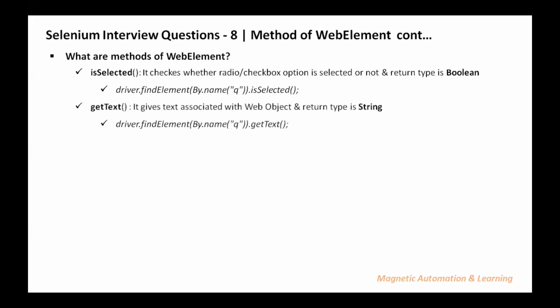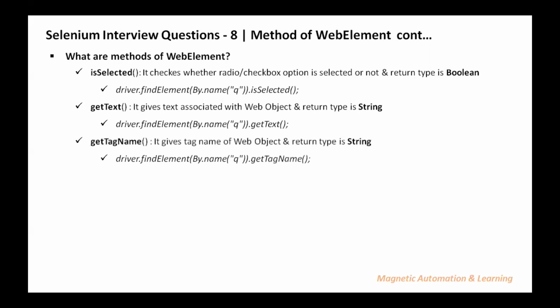Get text is another method. As the name suggests, it works with text. Get text means if you want to read any kind of text on the web object on the screen, then you should use get text. It will return a string. Let's see the next method, get tag name.